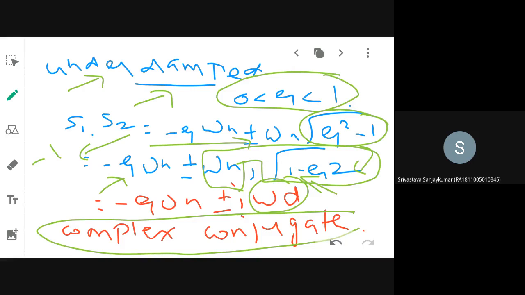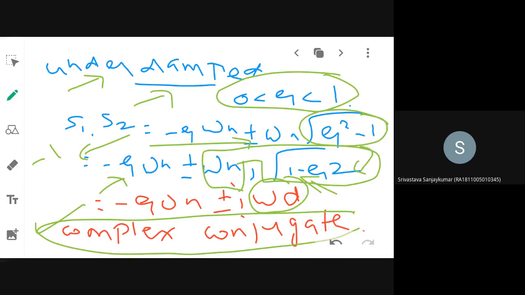For underdamped, the damping ratio is less than 1 and the roots are complex conjugate. Formula for omega d is omega n into square root of 1 minus zeta squared. Omega d represents the damped frequency of oscillation.